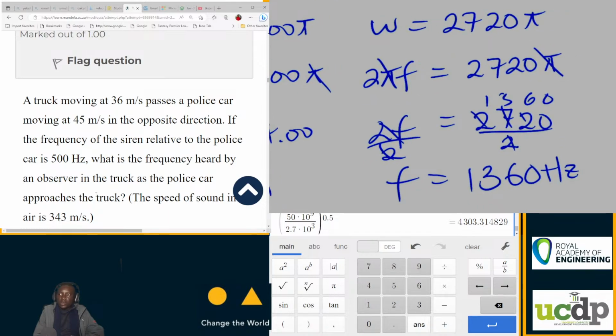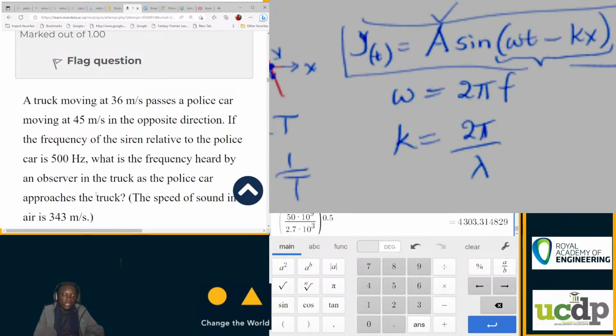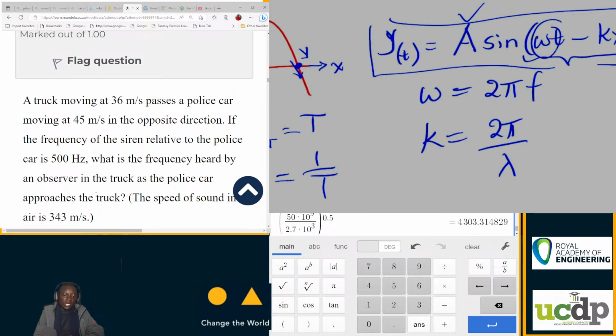So that's how we got 1360 there. Omega is 2 pi f, and 2 pi f is 2720 times pi. So remember, always my very first equation, omega t: anything that multiplies t in that expression should be the angular speed, d theta over dt, multiplied by t, the change in time dt.